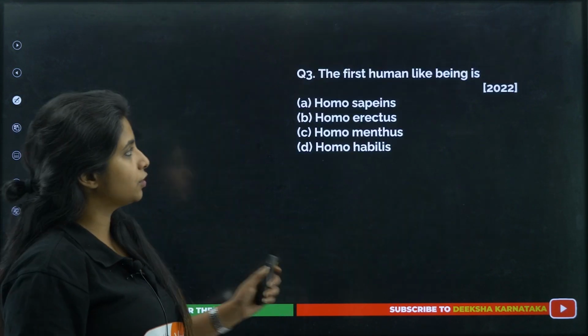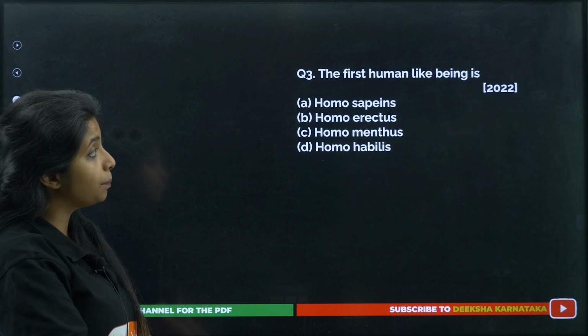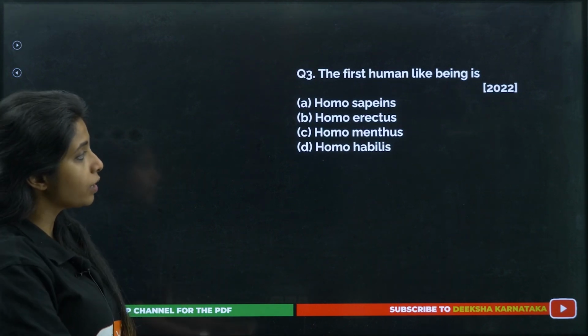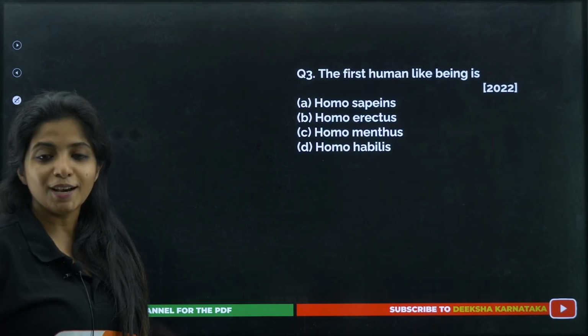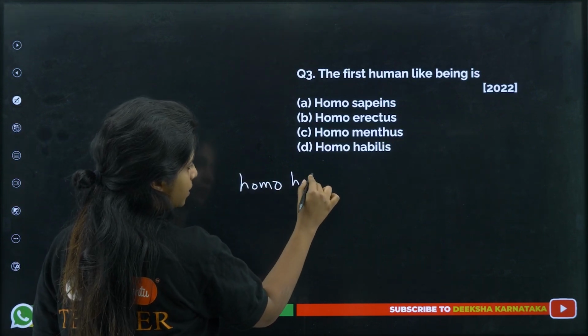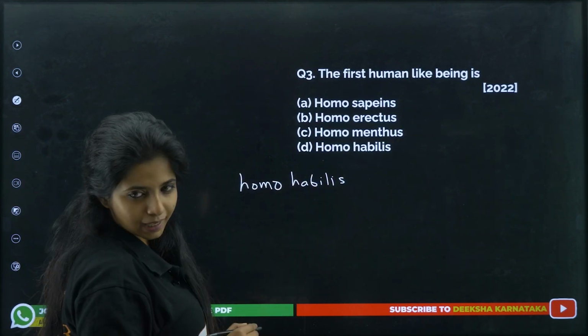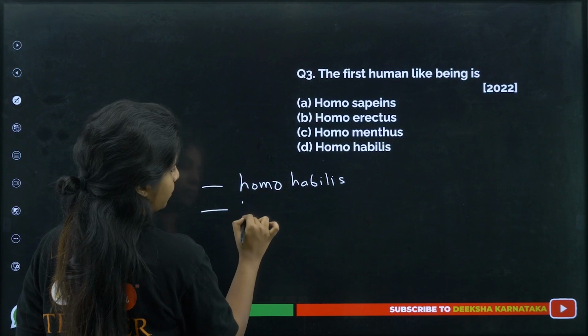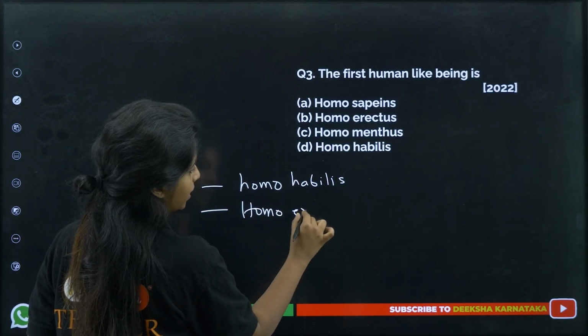Cool. So next, the first human-like being is Homo sapiens, Homo erectus, Homo neanderthalensis, Homo habilis. So the first human-like being was Homo habilis. I remember it, Habibi. From Homo habilis came Homo erectus.